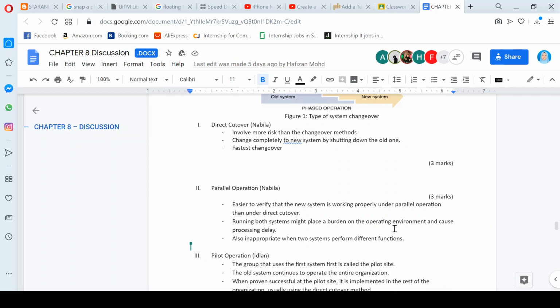Parallel changeover ni dia guna sistem dia sekali serentak. Maksudnya sistem yang lama dengan sistem yang baru sekali serentak sampai satu tahap bila sistem baru tu dah stable, dia akan stop sistem lama.